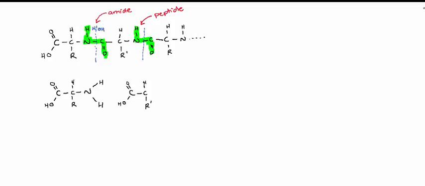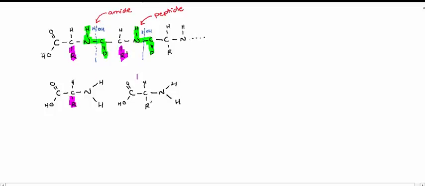So what's happening during this process is that the carboxyl group is acting as an acid to donate a proton, and the amine acts as a base and accepts the proton, which joins on here too. And what happens is a negative ion and a positive ion form within the molecule.